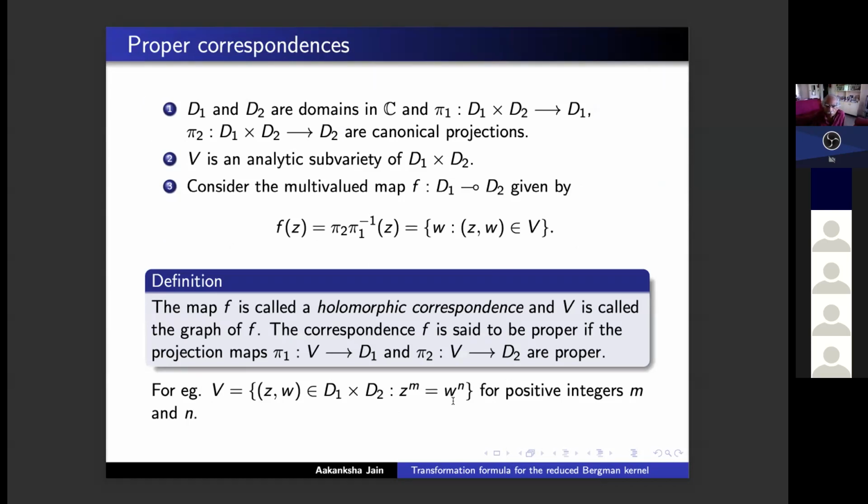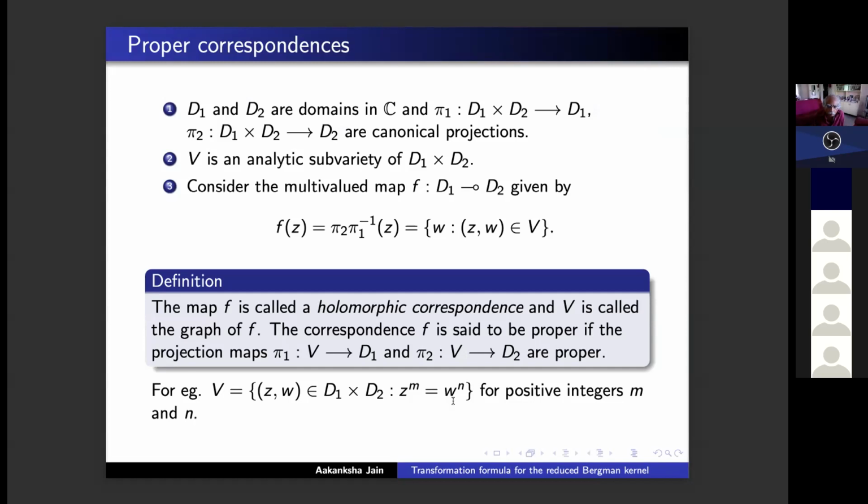I do think that Mayuresh was talking about restating and then carrying out this whole project in terms of an analytic subvariety of the product domain, where you start with the condition of analytic subvariety, and you take the dimension to be the common dimension of D1 and D2.